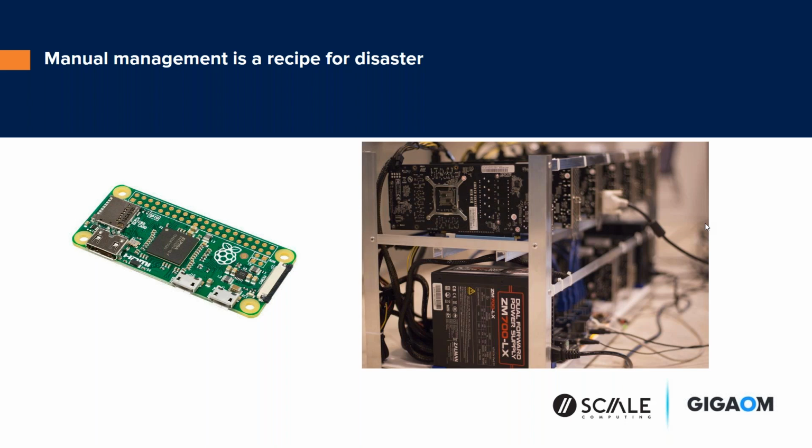But as you start to scale up your deployment, now maybe you've got a whole bunch of Raspberry Pis or something a little beefier, like an Intel NUC, sitting on your desk. It's getting harder to manage. You want to bring in that configuration management. And then when you step up to having 10 locations or 100 locations, or Dave, I think you mentioned 1,000 locations, manually managing that is just not an option.